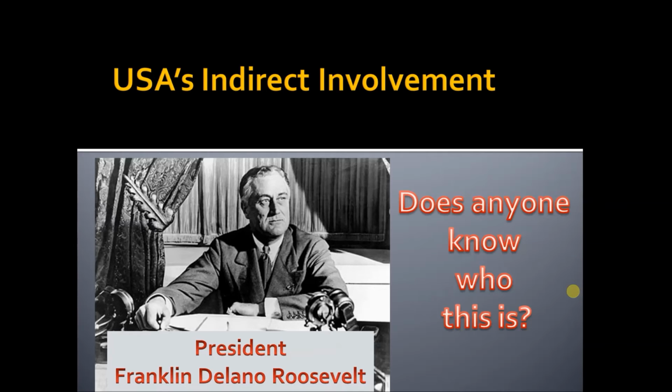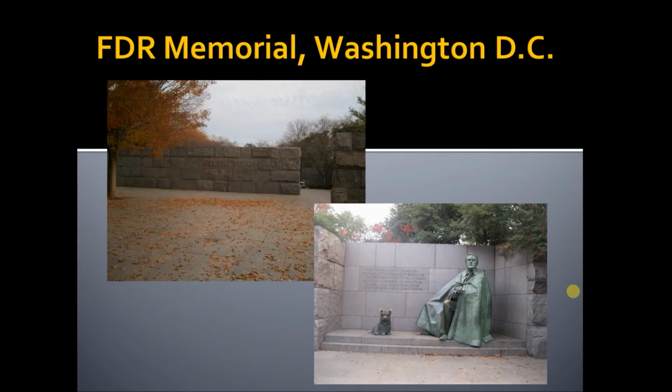Today he is regarded as one of the most influential, one of the most highly respected presidents and the best presidents of recent American history. So much so that if you go to Washington DC today, the capital of the US, there is a FDR, Franklin Delano Roosevelt Memorial.